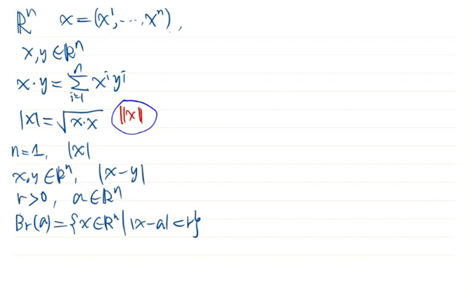Geometrically, this is the ball centered at A with radius r. We also call this the r-neighborhood of A.